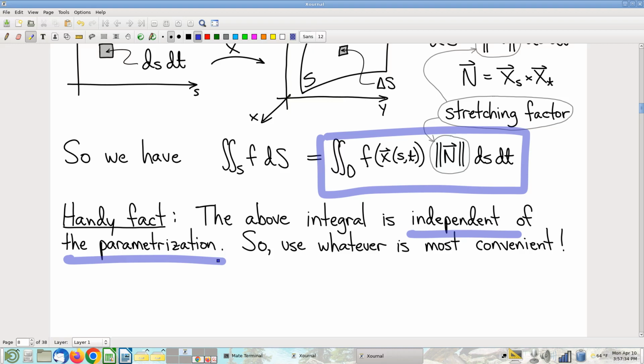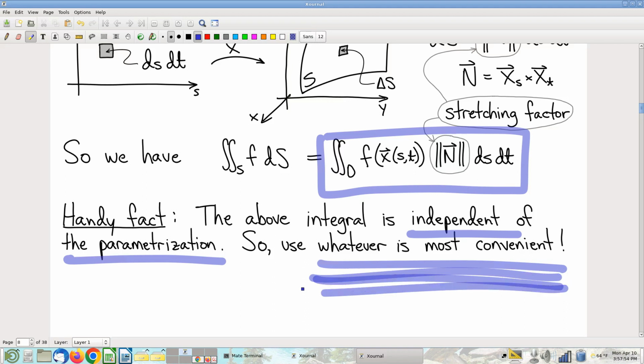Y'all are not responsible for why this expression is independent of parameterization. That's more of a Math 222 kind of a thing. In Math 219, I'm just going to state that it's independent of parameterization, and we just get to use that convenience. We get to use whatever parameterization we want.